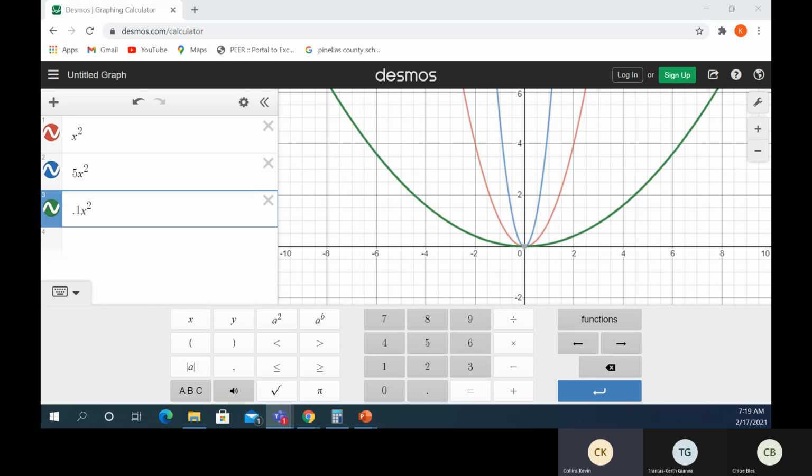So when you have a decimal out front, you're going to be going up slower, which means your parabola is going to look wider. That was some of the stuff we were talking about yesterday.